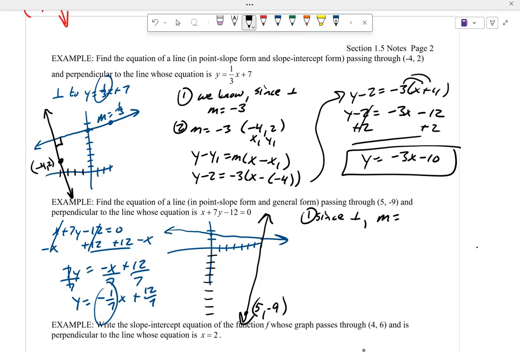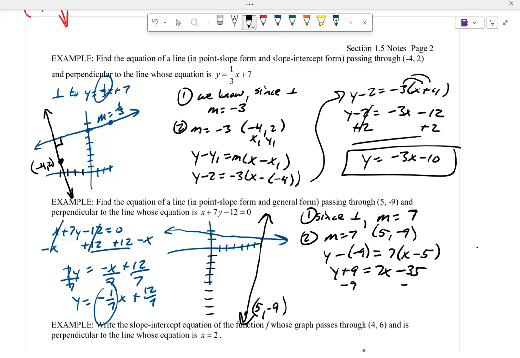So the slope of the black line, I flip that over to 7/1, and it changes from negative to positive. So the black line has a slope of 7. It goes through (5, -9). y - y1 = m(x - x1). So we got y + 9 = 7x - 35 when we distribute that. And we subtract 9, so we got y = 7x - 44.